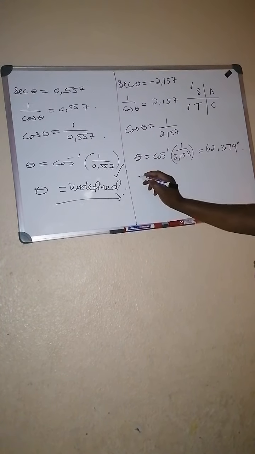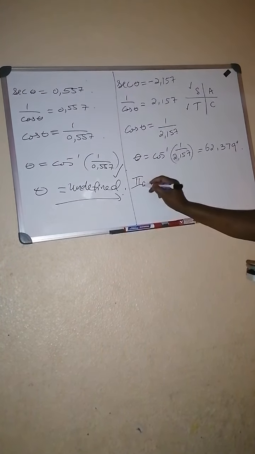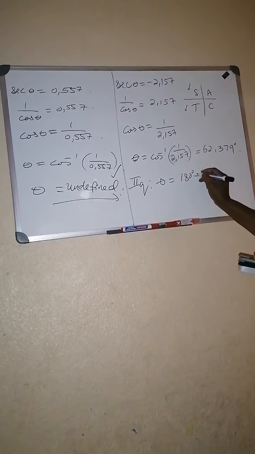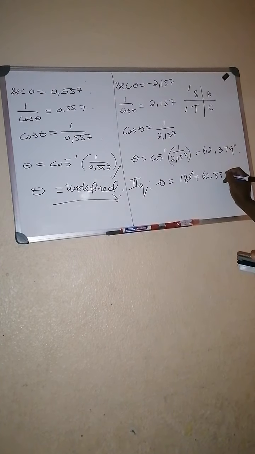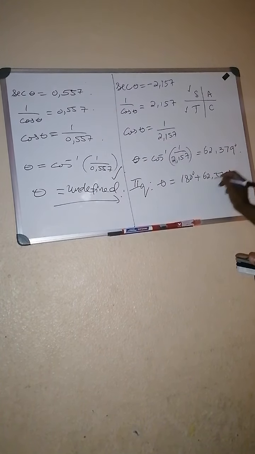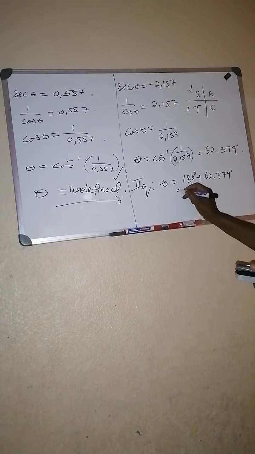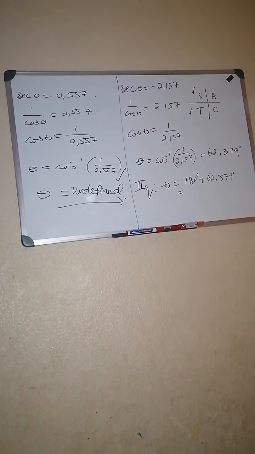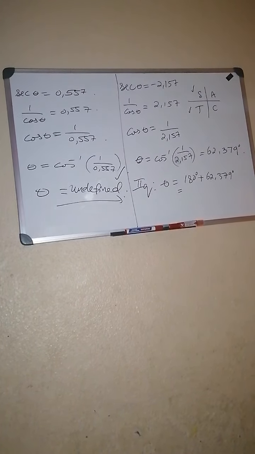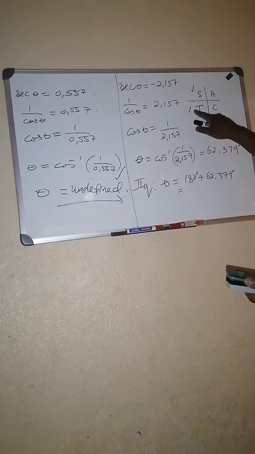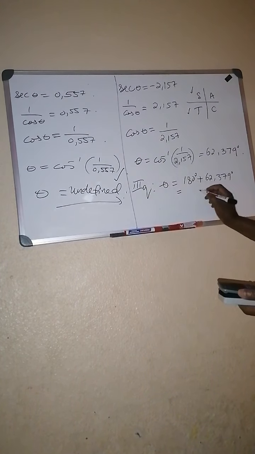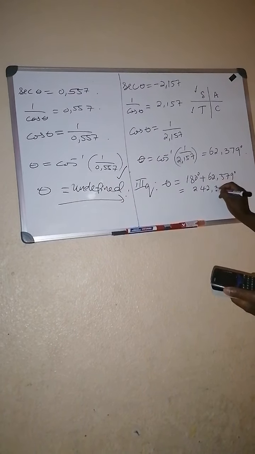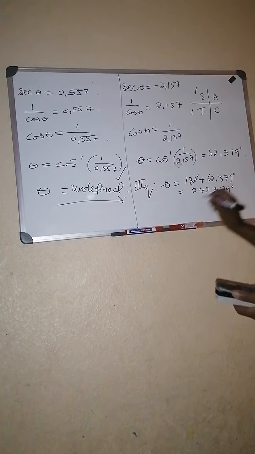Now it means that when we go to the third quadrant, then theta would be 180 degrees plus 62.379 degrees. So what is this? Plus 180 equals 242.379 degrees.